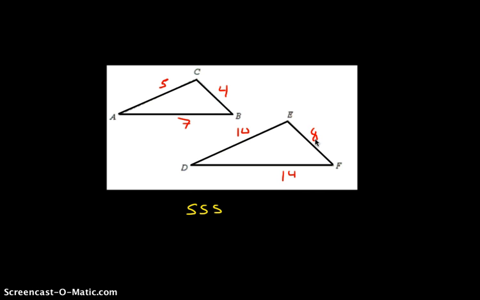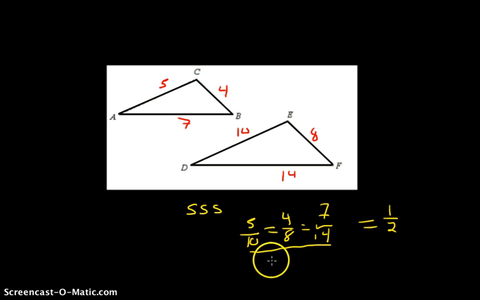Now if we put all these sides into a ratio, we have 5 over 10, which is equal to 4 over 8, which is equal to 7 over 14. So when each side of one triangle has the same constant multiple of another triangle's sides, then we can say that they all have the same ratio, so this is all going to be 1 over 2.